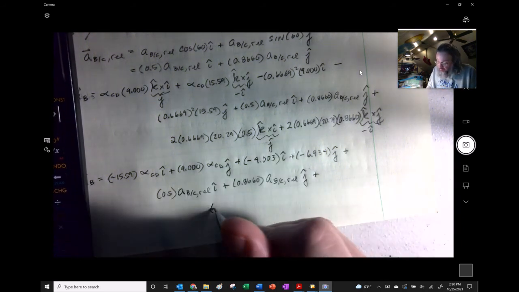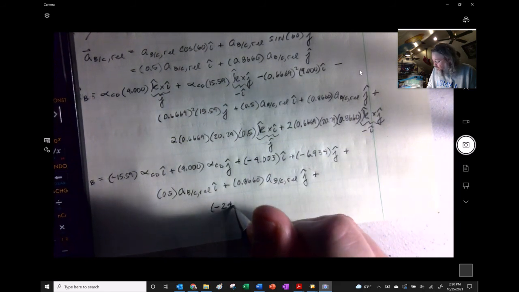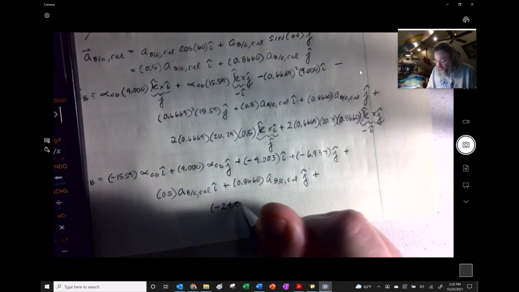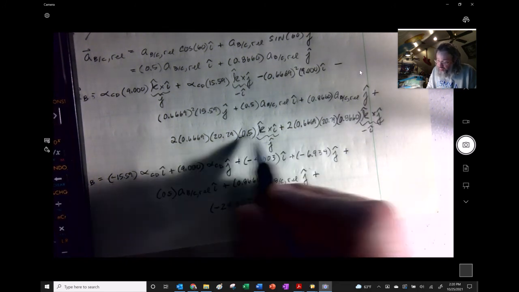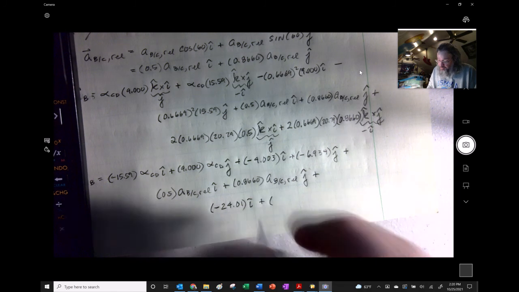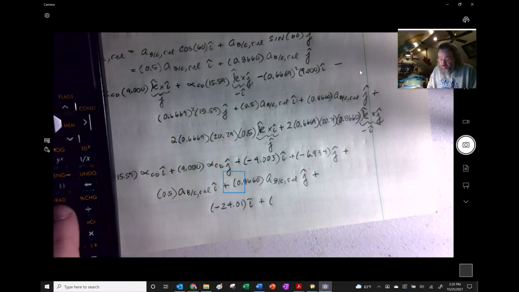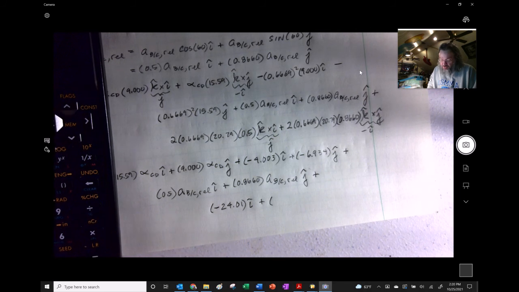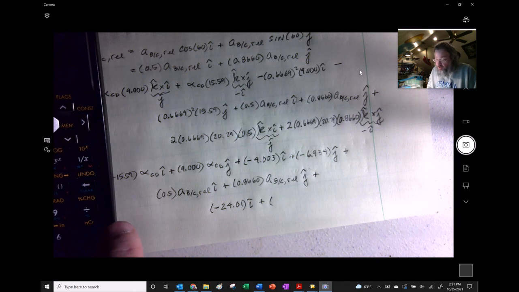And it's negative, so we get negative 24.01, and that's going to be I. And then the last one is plus 0.6669 times 2 times 20.79 times 0.5.